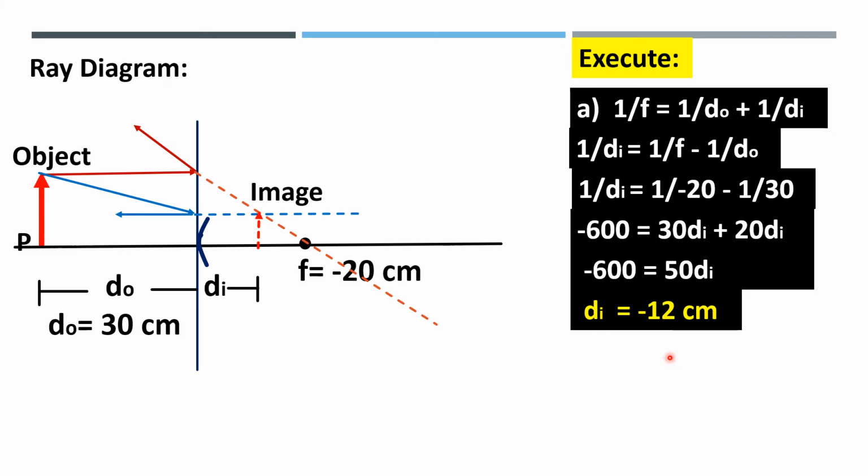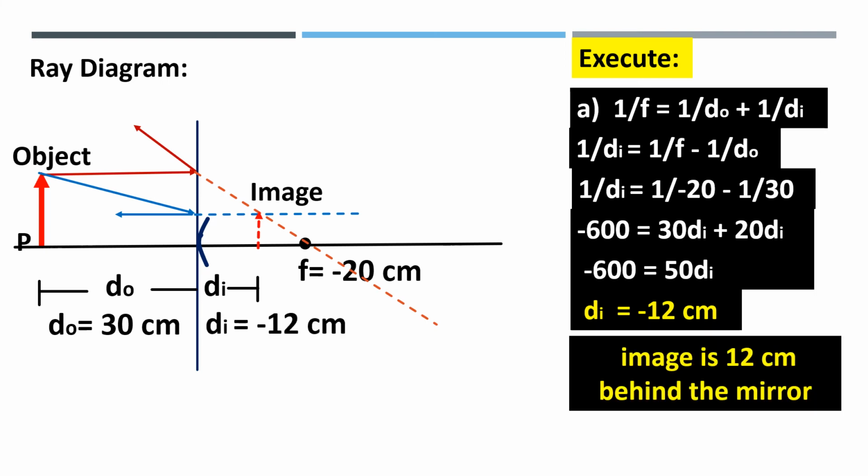The negative sign of di confirms our earlier interpretation that the image is really formed behind the mirror. So it is said to be virtual. The image is 12 centimeters behind the mirror.